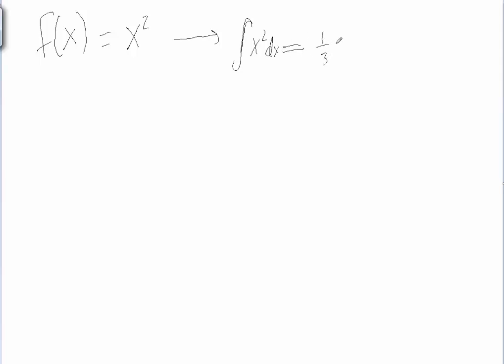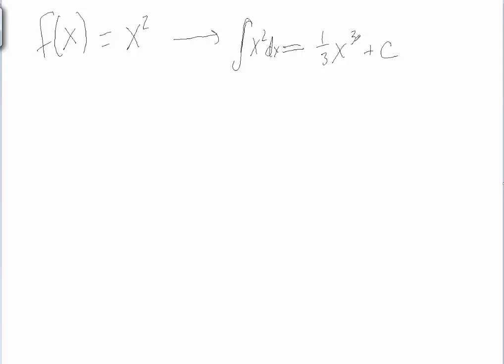Well, what happens when we get a more complicated looking function, say x squared? The antiderivative is going to be 1/3 x cubed. We can check that. 3 times 1/3 is 1.